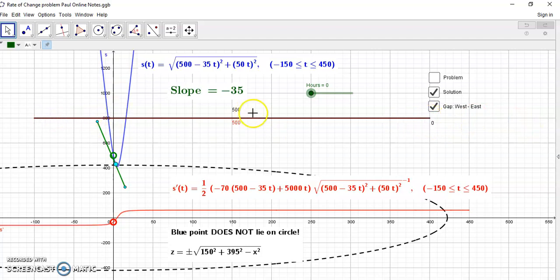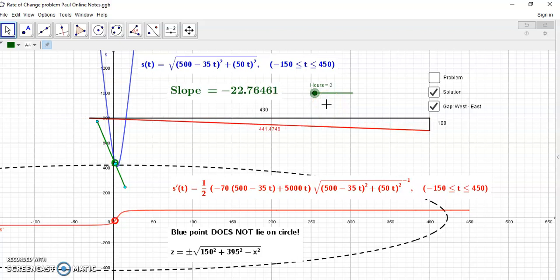The distance is 500 miles, and they tell you that car A moves towards car B, and car A will move strictly south. So when we move along like that, this is what happens. We have this red hypotenuse here, which is the distance between car A and car B down here, right? So now what they're asking you is how fast this distance changes.